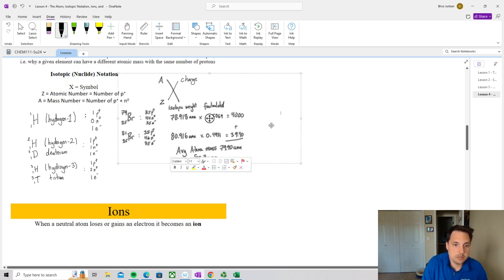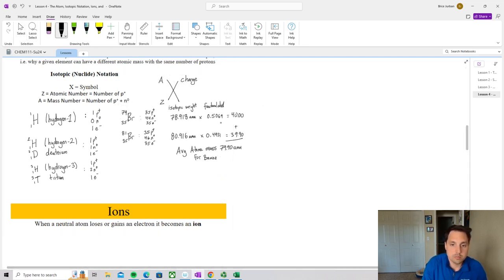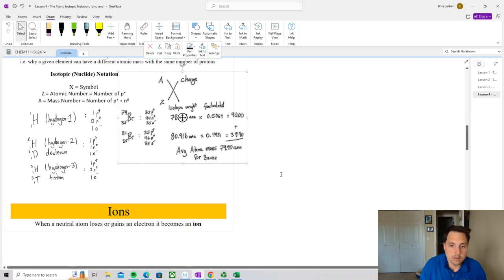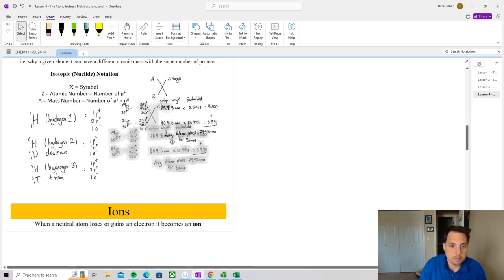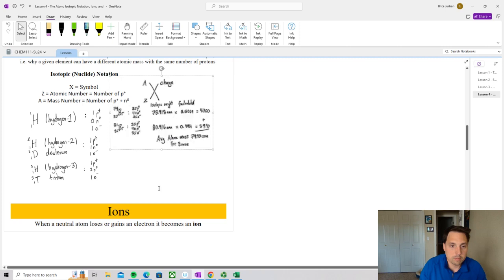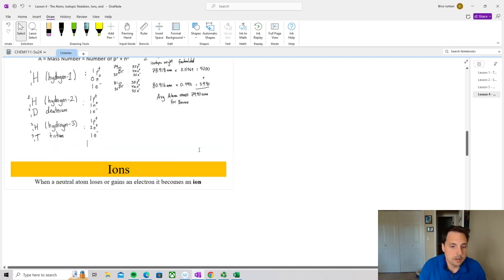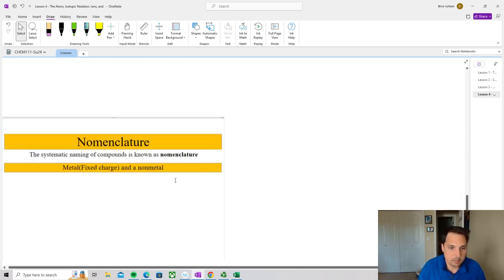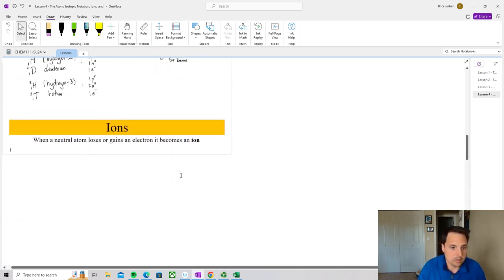Let's clean this up just a little bit. Okay. Now let's discuss ions. An ion is whenever a neutral atom loses or gains an electron.